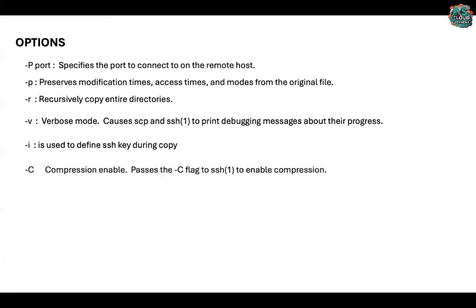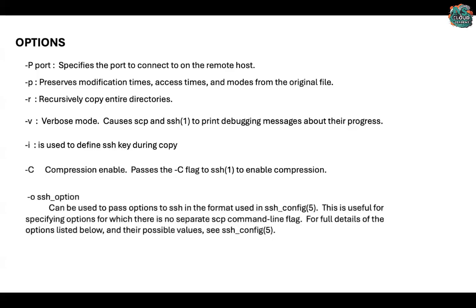Okay, capital -C is compression. When you define -C, during the data transfer it will also compress the files. And -o is basically for the SSH options. There are so many SSH options, and when we go on the terminal, we'll understand.